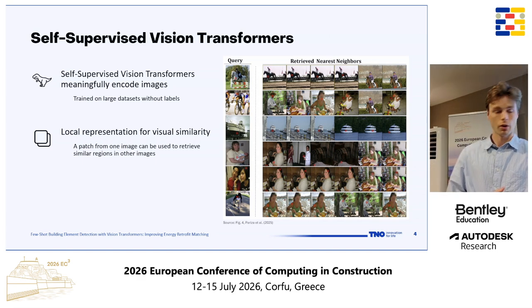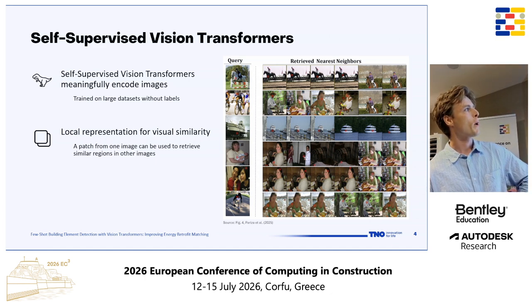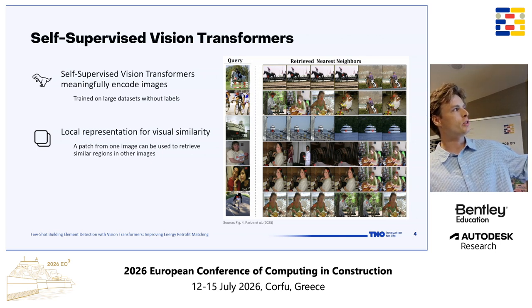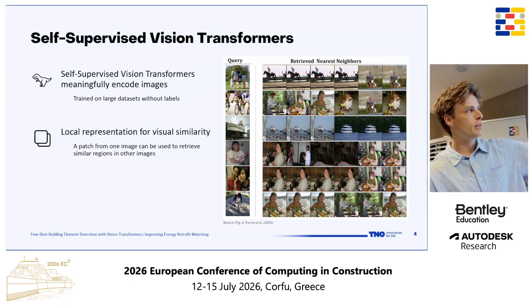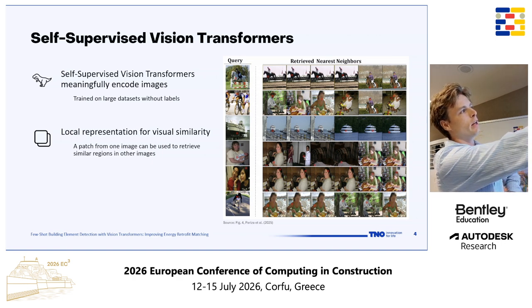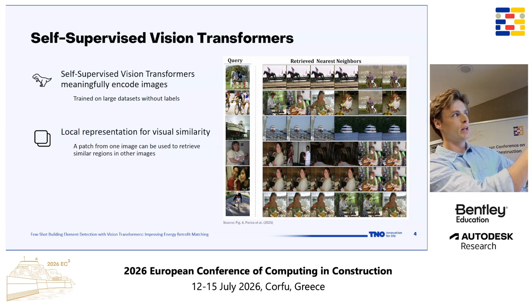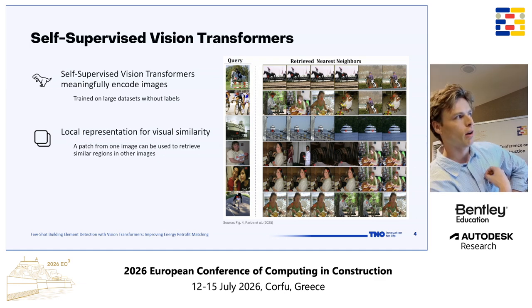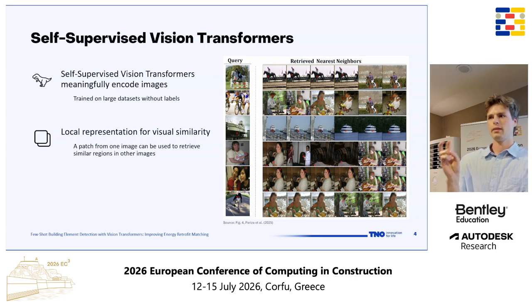Here I want to show, it's maybe a little bit difficult to see in the image, that a vision transformer was used to find similar areas with a query image. For example, on the cyclist, there's a little square around the face of the cyclist, and you can see in the other images that they were looking for the most similar area in that image, and in most of those images, or in all of them I think, an area in the face is also detected as the most similar area.